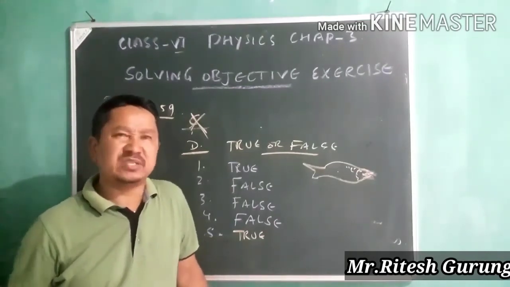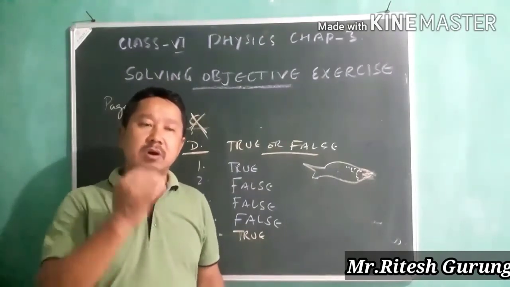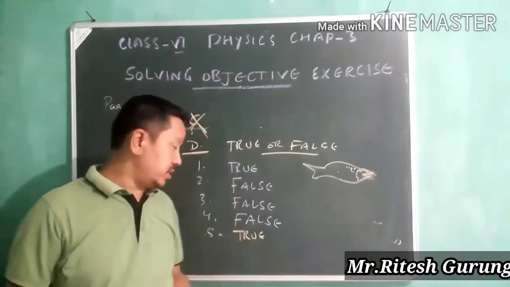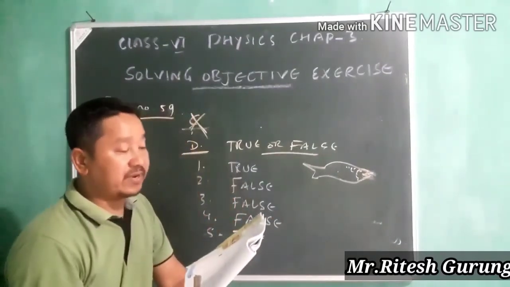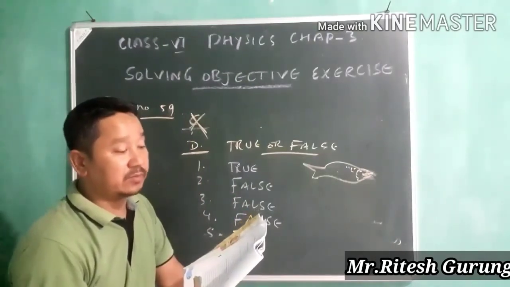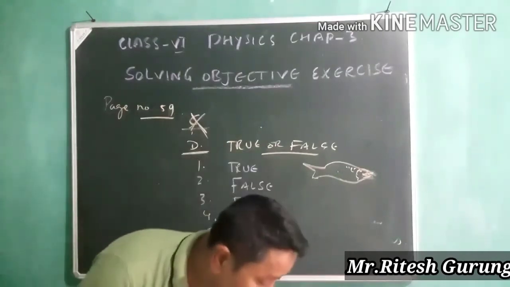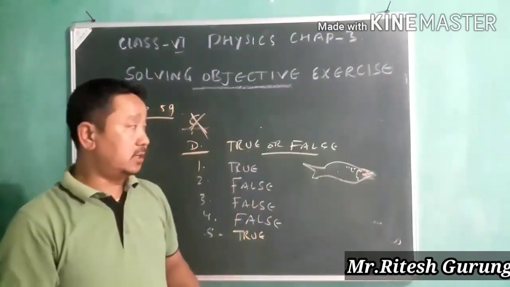So it is all streamlining. Why? Because it can reduce the frictional force. So question number 5, friction can be reduced by streamlining the body of the moving object. That is true. Okay, so this is what I had given you as the homework in the last session.